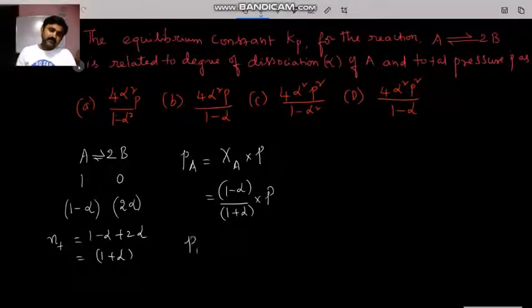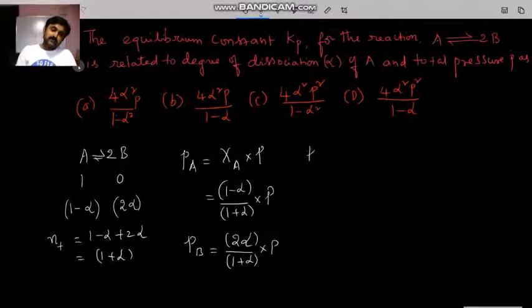Likewise, the partial pressure of B is 2 alpha by 1 plus alpha into total pressure P. So these are the two values we got.